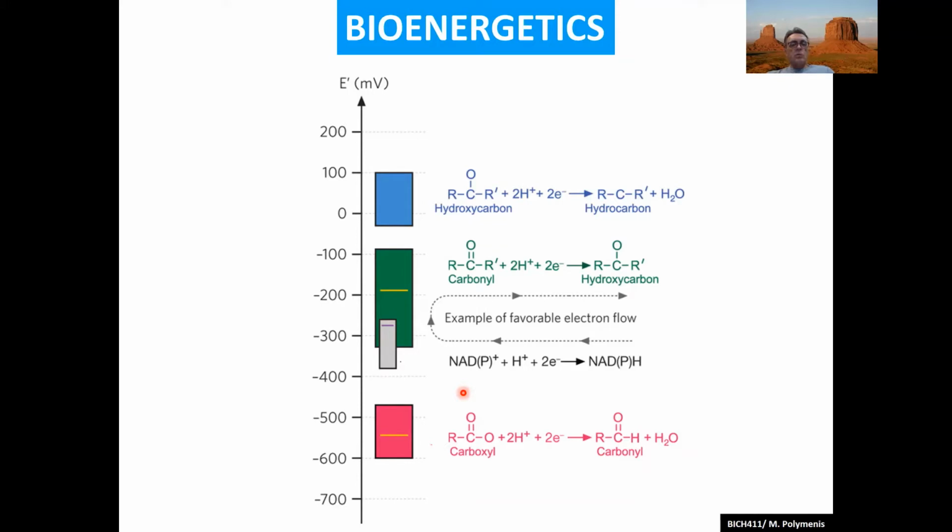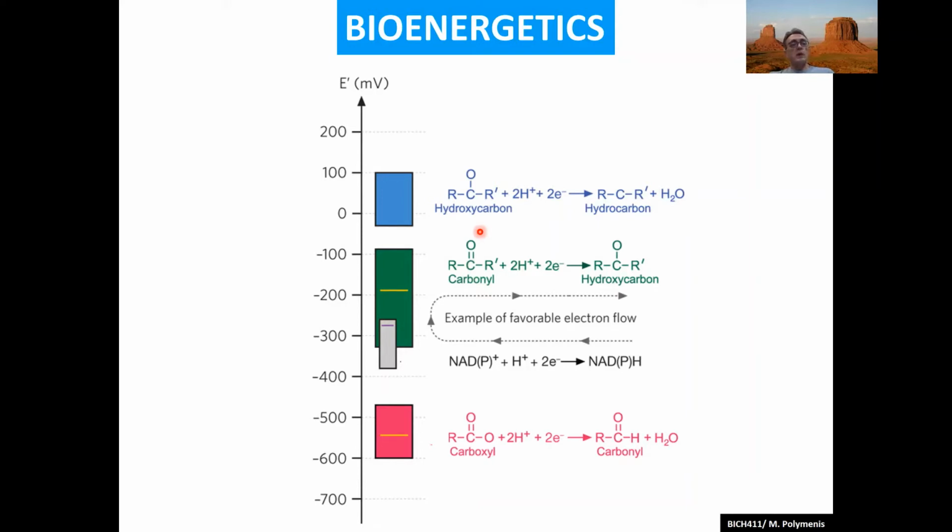And what's important to realize here, shown in this scheme, is what's favorable. I showed you how to calculate the delta E value, which has to be positive to be favorable. What tends to happen is that the compounds that are rich already for electrons become richer, so they get even more reduced.